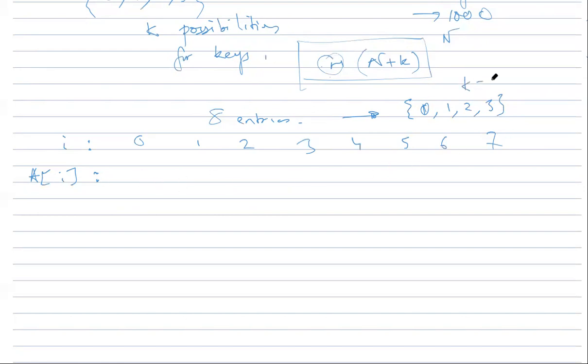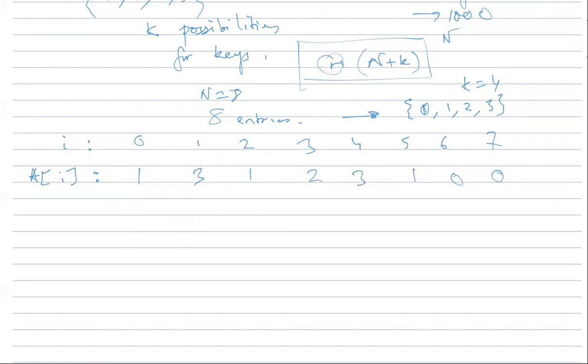So you can say K equal to 4 here and N equal to 8. So what are the values here for the keys? You have 1, 3, 1, 2, 3, 1, 0, 0.